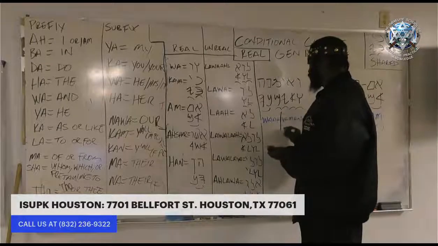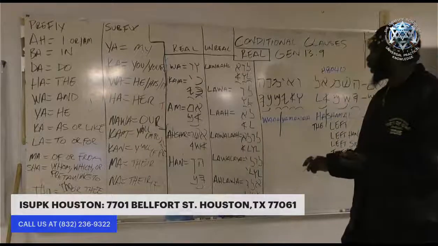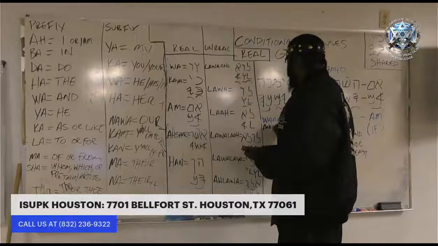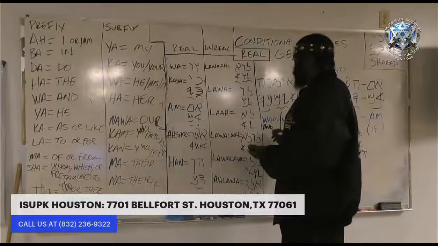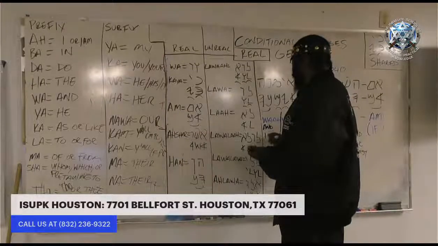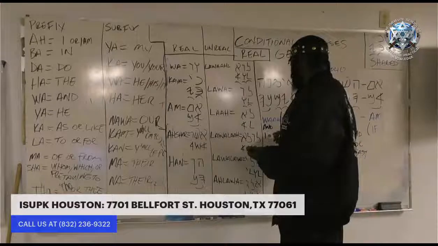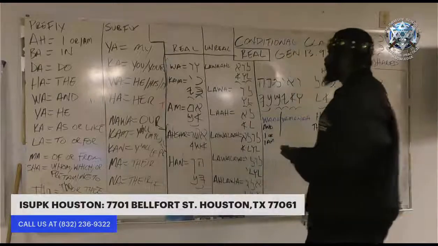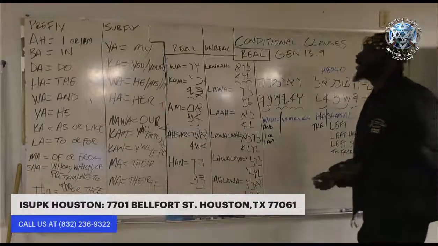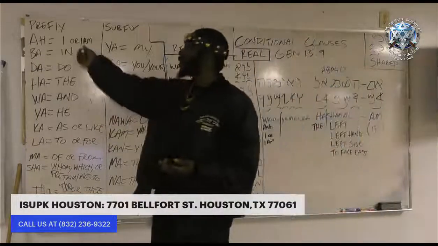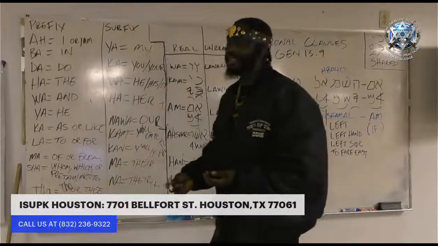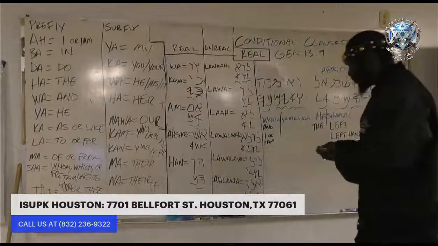It has wa, which is and, and a, which is I or I am. And we know this why? We go to our prefixes. A is I or I am. Wa is and.